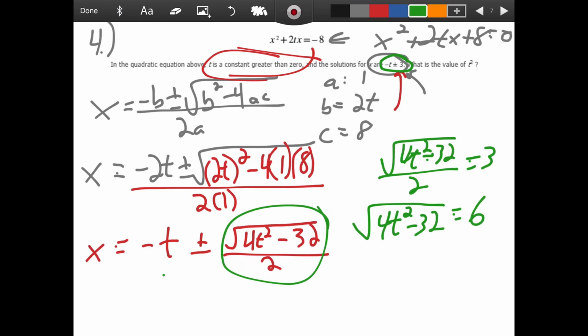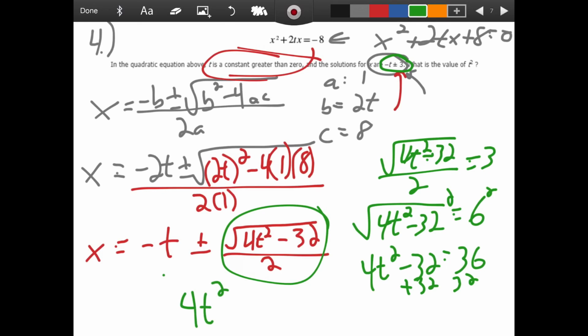Now what we want to do is square both sides. So 4t squared minus 32 equals 36. So we add 32, and 4t squared is equal to 68.